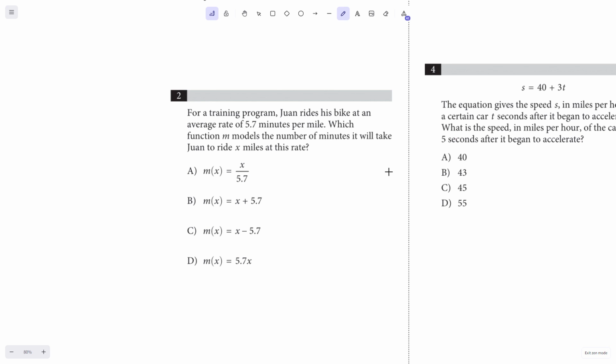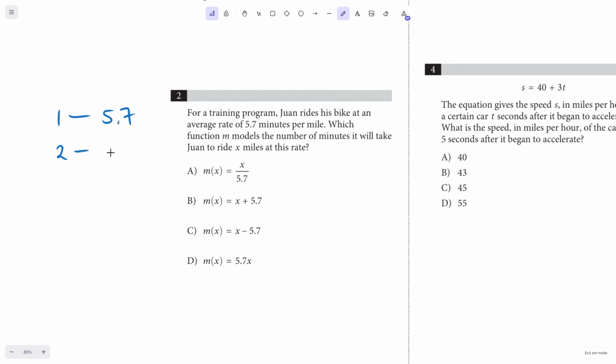Now, looking at the second problem. For a training program, Juan rides his bike at an average rate of 5.7 minutes per mile. Which function M models the number of minutes it will take Juan to ride x miles at this rate? In this type of problem, you can think about a few values to get an understanding of the problem. If for Juan to ride 1 mile it takes 5.7 minutes, how long will it take for him to ride 2 miles?